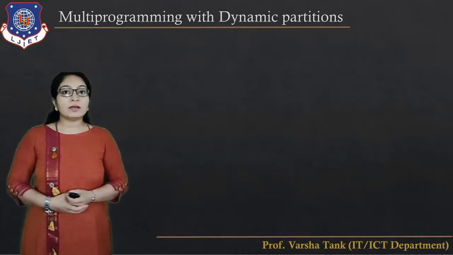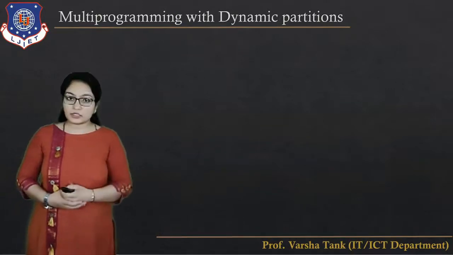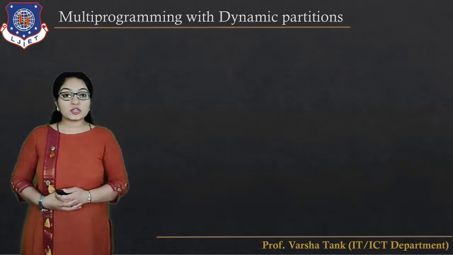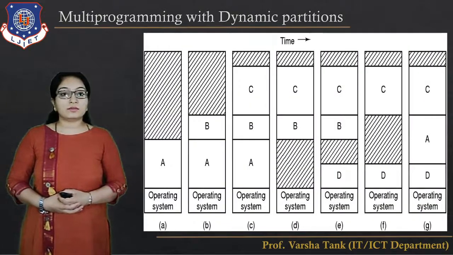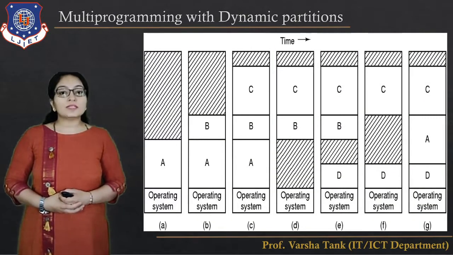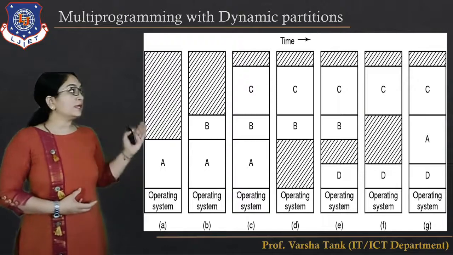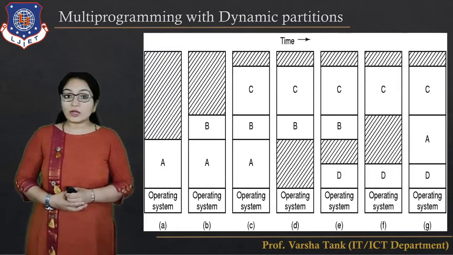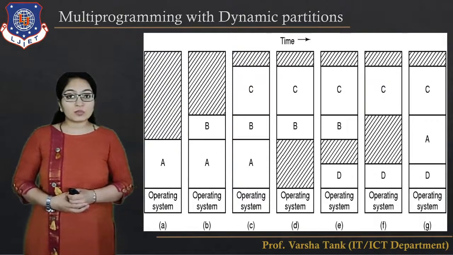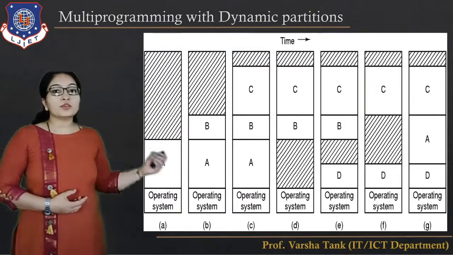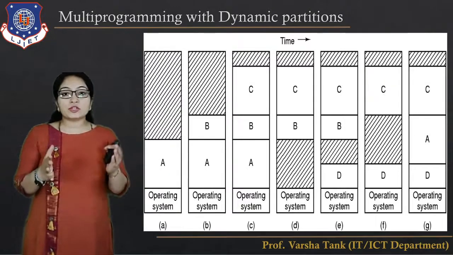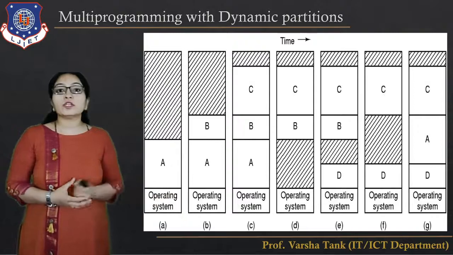Now let's start with multiprogramming with dynamic partitions. In the last lecture we studied dynamic partitions, so let's recall it. In this figure you can see what happens when you use dynamic partitions. One portion of the memory is reserved for the operating system.